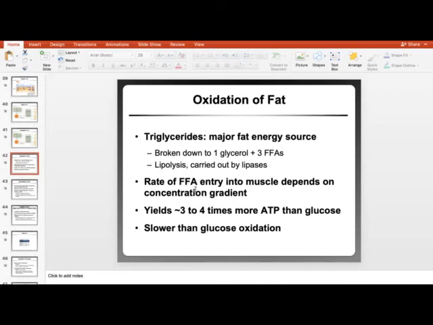These free fatty acids go to beta oxidation, and eventually they turn into acetyl-CoA, but it takes a good amount of time for that to occur. The benefit is that you get 3 to 4 times the amount of ATP when you're burning fat, though. So that's a good thing.